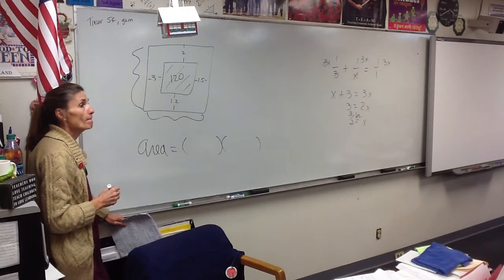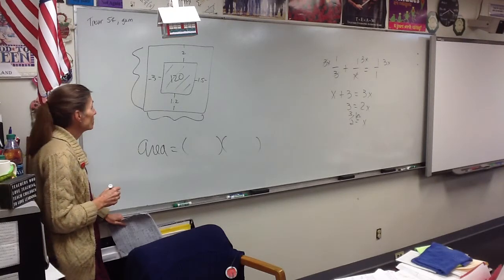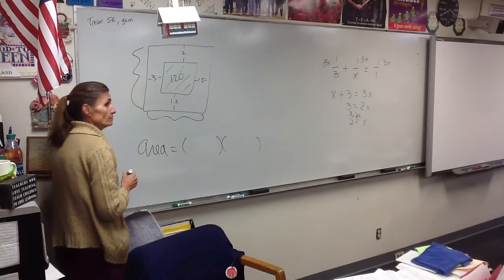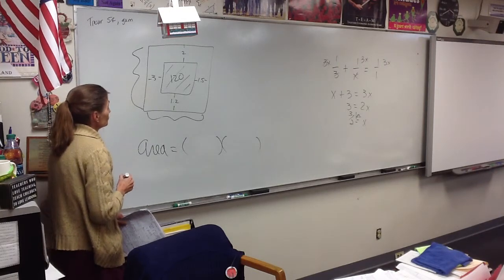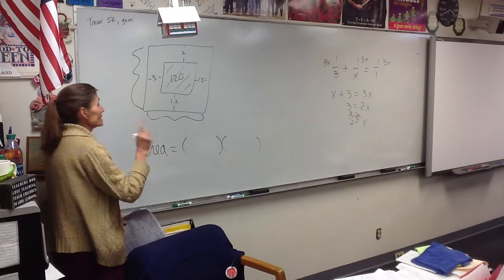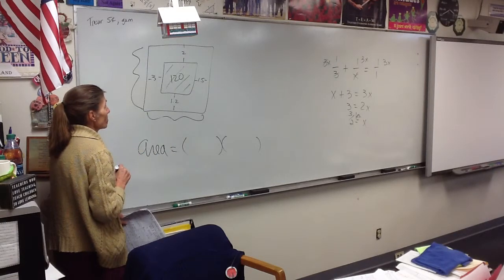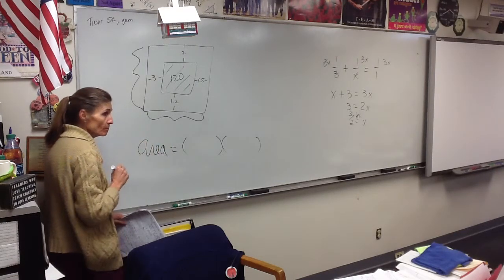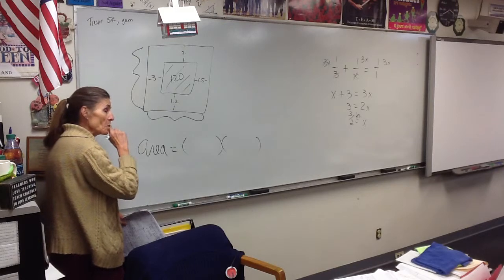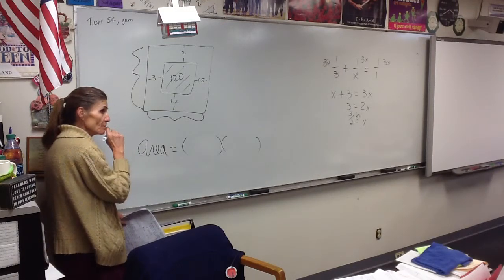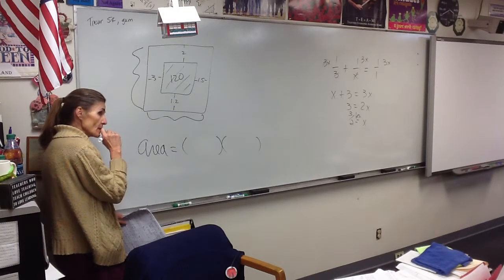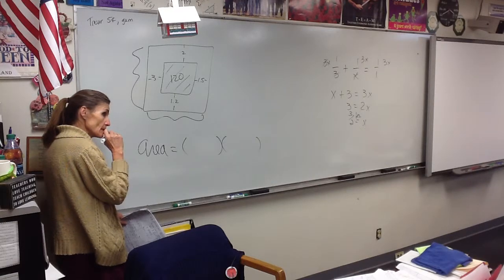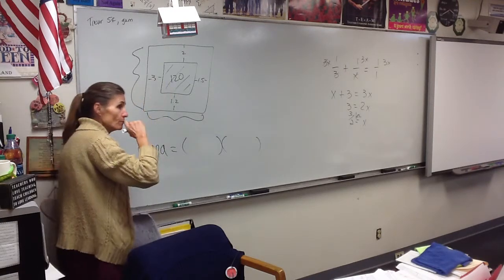Jake? Are we saying this in parentheses? Well, yeah. It's x plus 3.2. Okay, what is x? What did you let x be? Where do I put x in my picture?